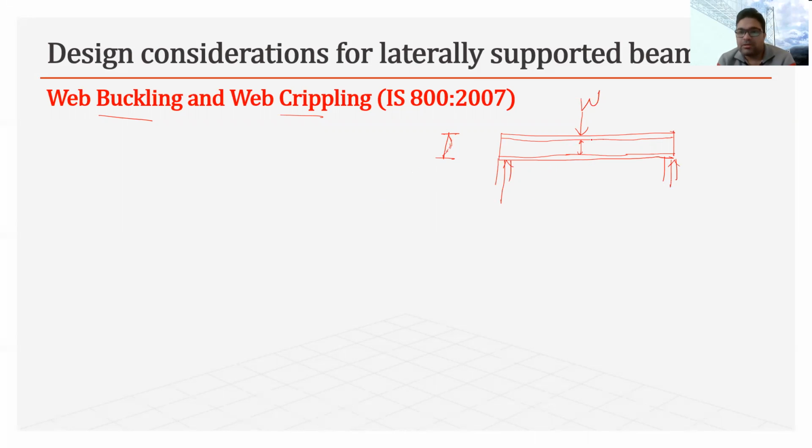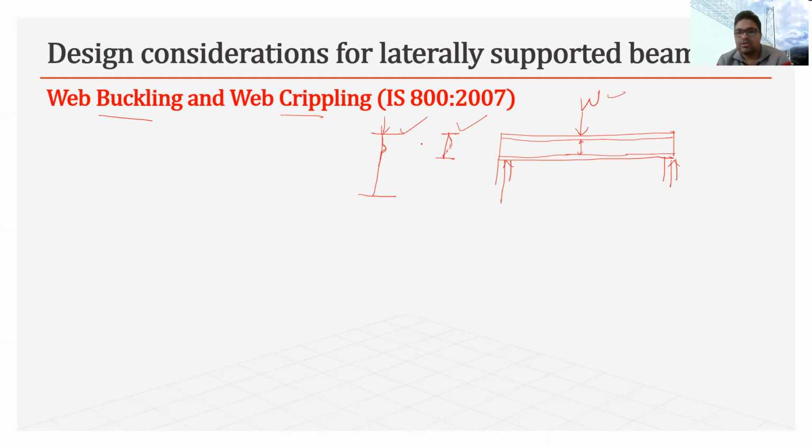Similarly, at the same time, another failure can also occur, which is that it may cripple like this, just below this load. So this is web crippling and this is web buckling.